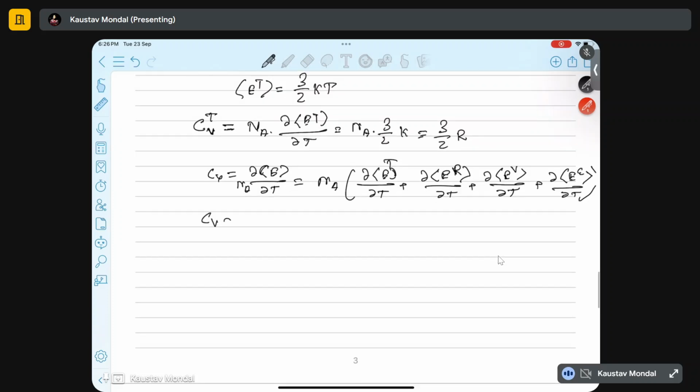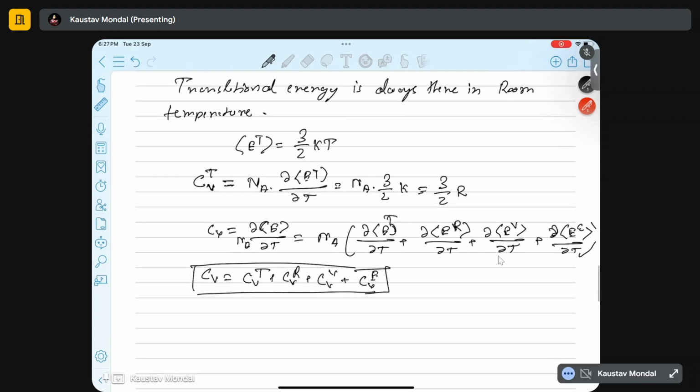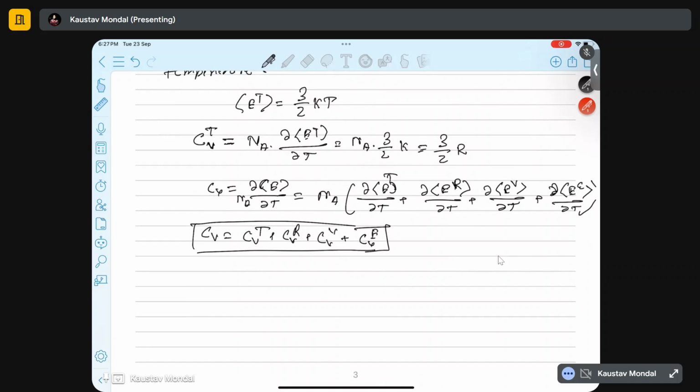So Cv would be CvT plus CvR plus CvV plus CvE. So the specific heat has four contributions right there. Okay. So we checked for translational, the specific heat contribution for the 3D case is simply 3 by 2 R.